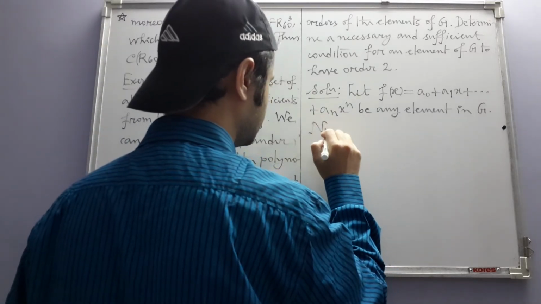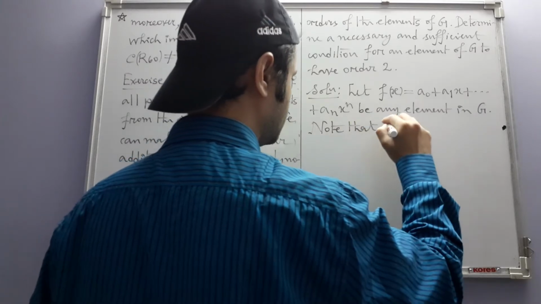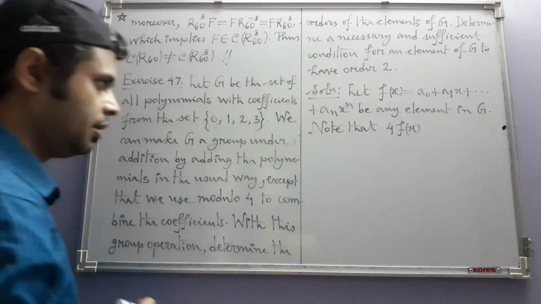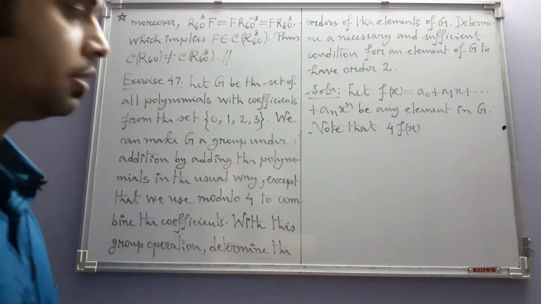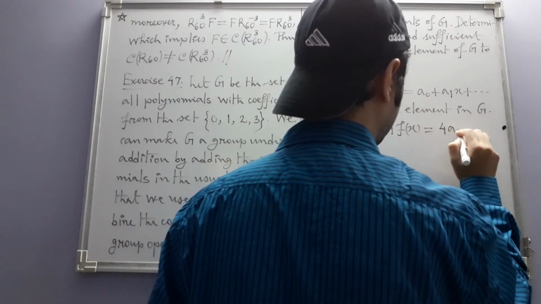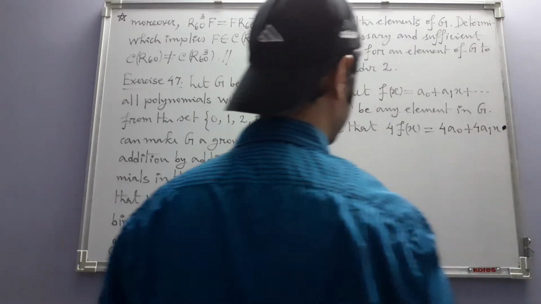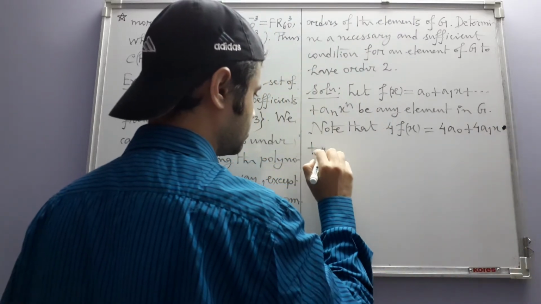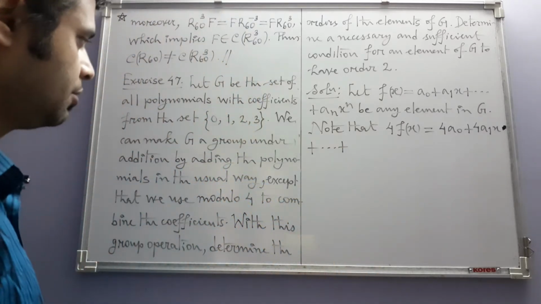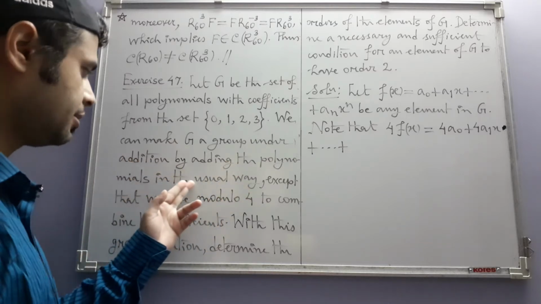Note that four times f(x), that is, if we add 4 copies of f(x), then we get 4a0 plus 4a1x and so on, because of the way we have defined this addition by adding polynomials in the usual way.